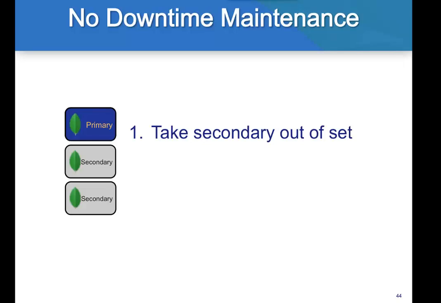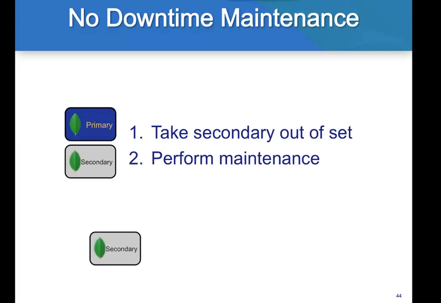Well, you start by taking one of the secondaries out of the set. What does that mean? Well, if you want to do operating system maintenance, you just stop that MongoDB node, and it will look as though that node has failed, and the remainder of the set will continue normally.